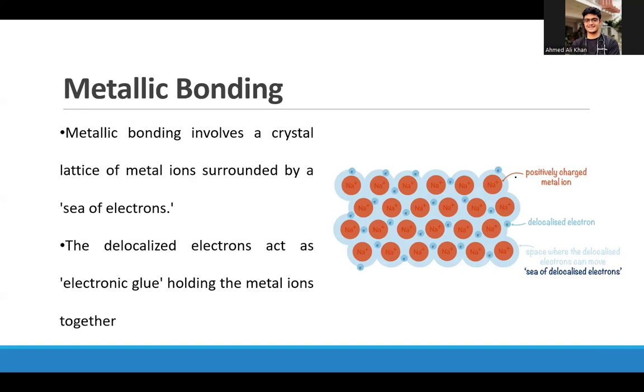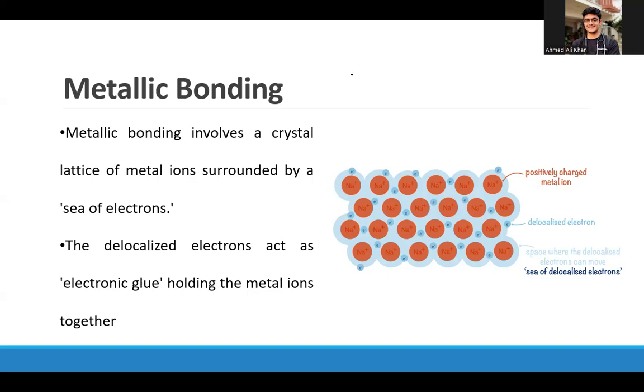This electron cloud acts like a glue to hold all of these metal atoms together. So the metallic bonding involves a crystal lattice of metal ions surrounded by a sea of electrons.